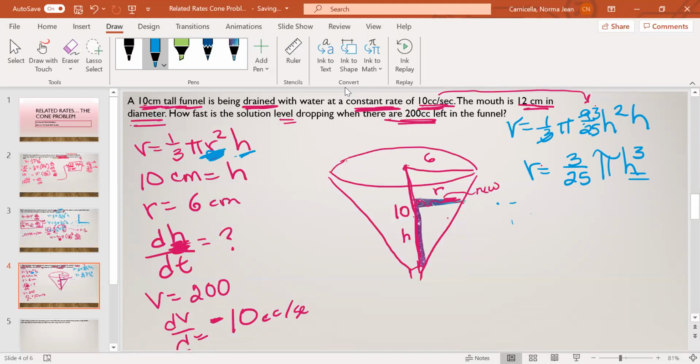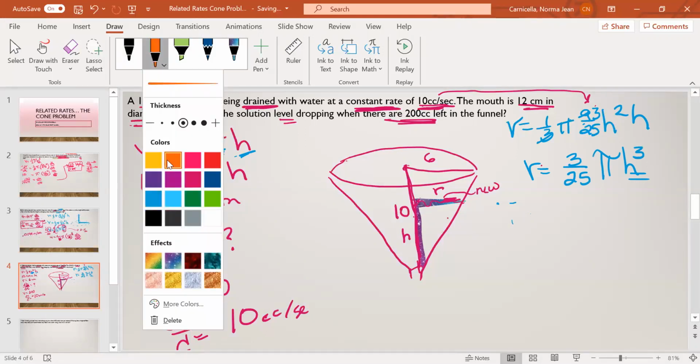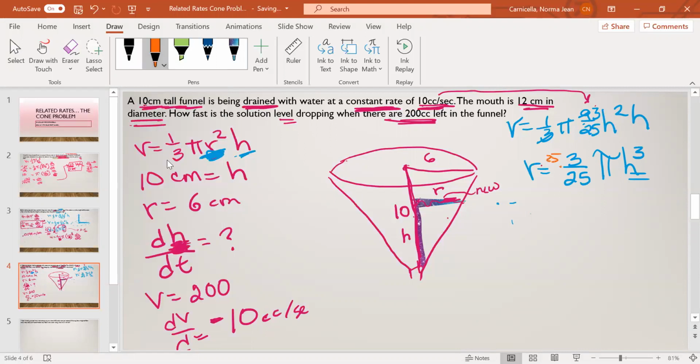So let's go ahead and multiply both sides by 25/3 pi. And that's going to give me 25/3 pi times the volume, which was 200.